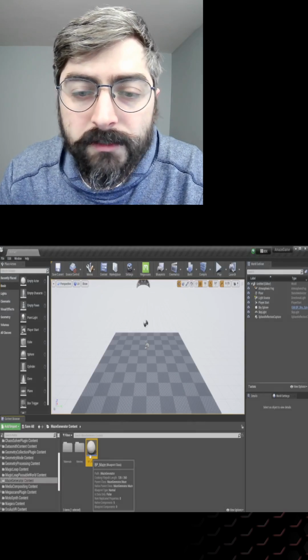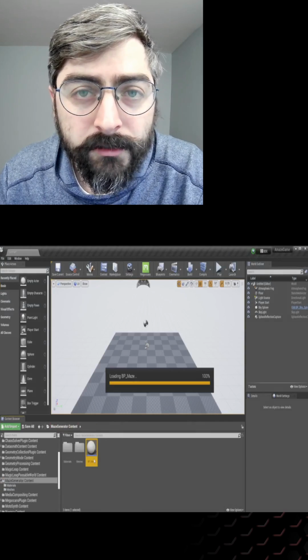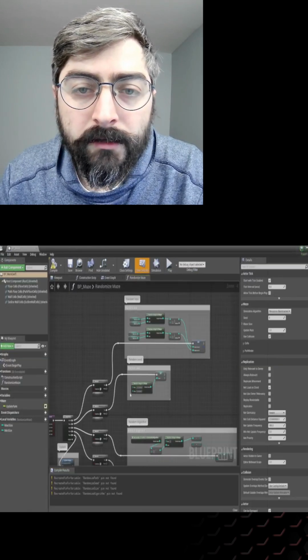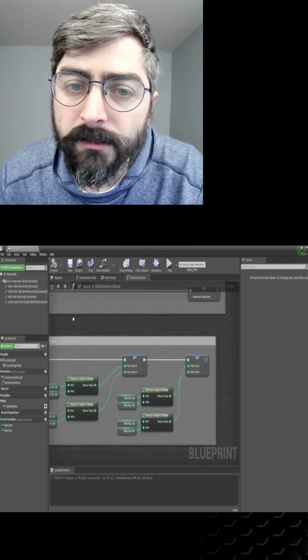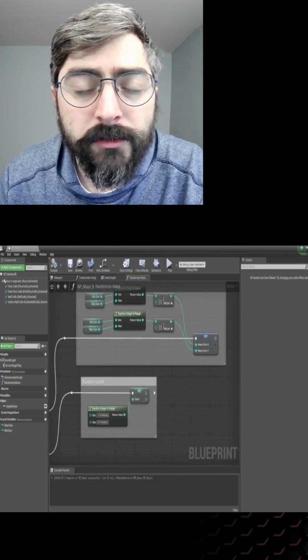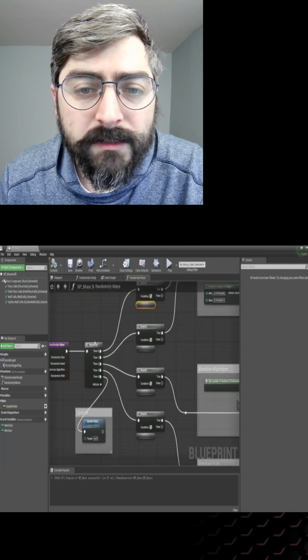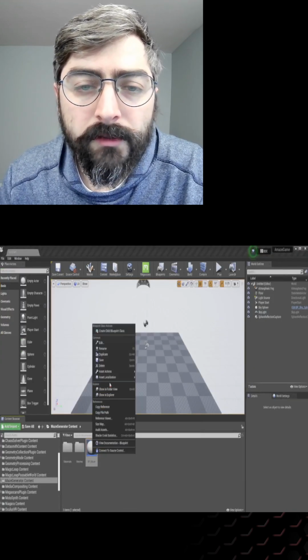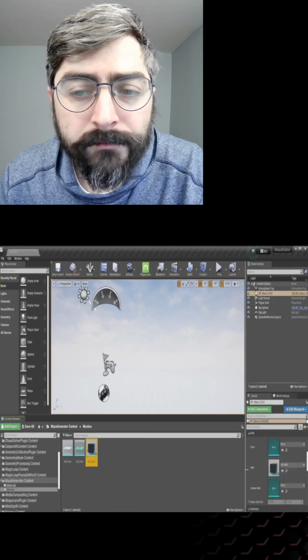So first I pulled in and found the maze generator that I wanted to use, and I'll see if I can find it in Marketplace and link it because I think it was really helpful to help generate mazes. And when I brought it in, it was messed up and not showing stuff, so I had to pull in the blueprints and figure out exactly what was going on.